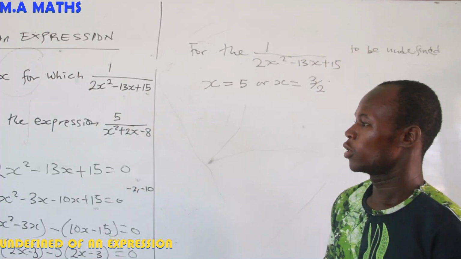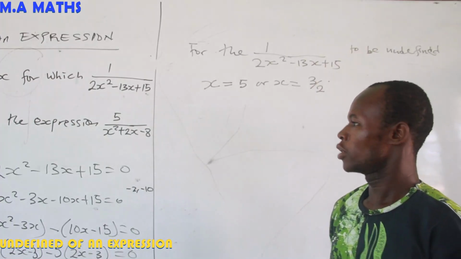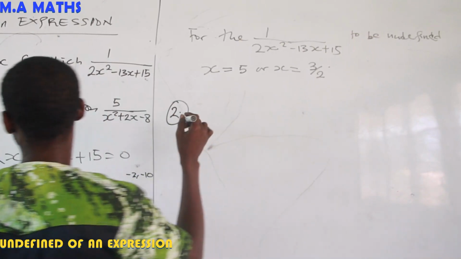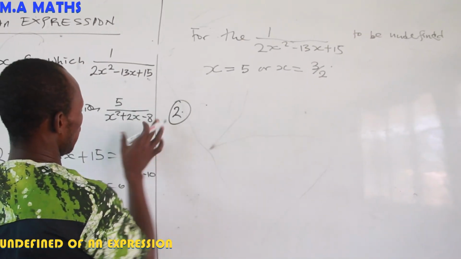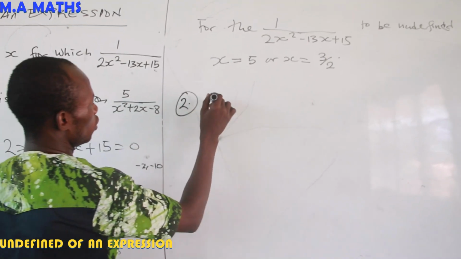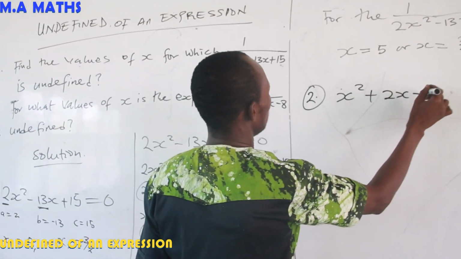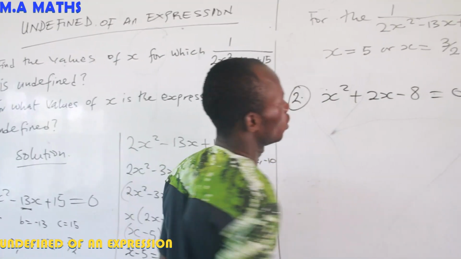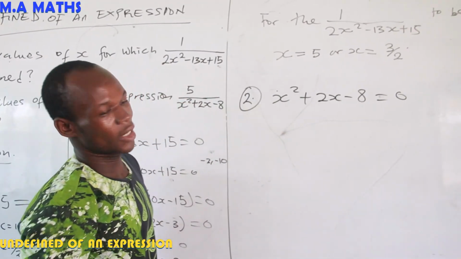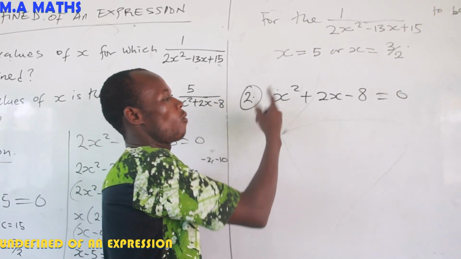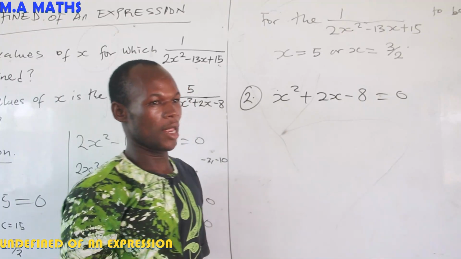For the second one, you follow the same procedure. We equate the denominator to 0. That is x squared plus 2x minus 8 equal to 0. We realize the coefficient of x squared here is 1, so multiplying by it, you still get negative 8.